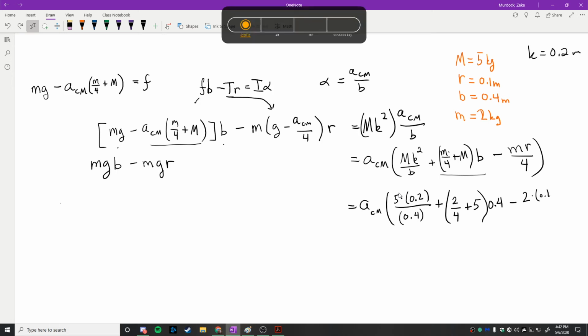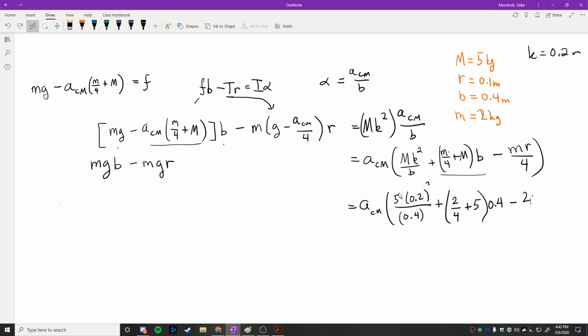Ooh, that looks bad. K is squared. Thank you, sir. Appreciate that. K is squared. Okay. So it's 2 times little r is 0.1 divided by 4. So little m was 2, little r is this. We put big M in this term right here.